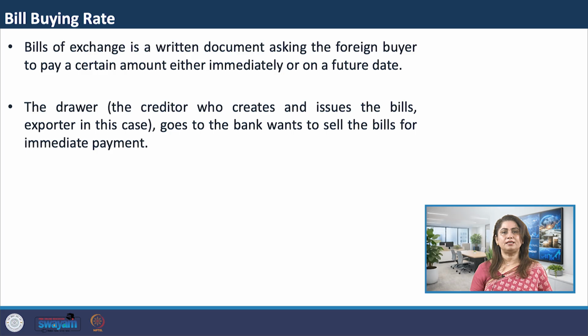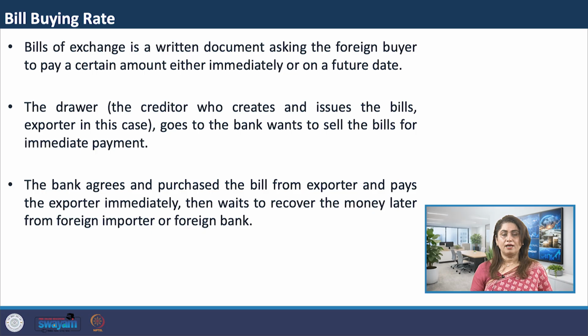The exporter then takes the bill to their Indian bank and says, "I do not want to wait until the foreign buyer pays. Please give me the money now." The bank agrees and purchases the bill from the exporter. This means the bank pays the exporter immediately in rupees and then waits to recover the money later from the foreign buyer or the foreign bank.